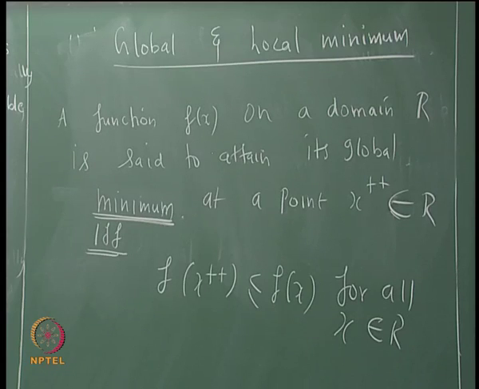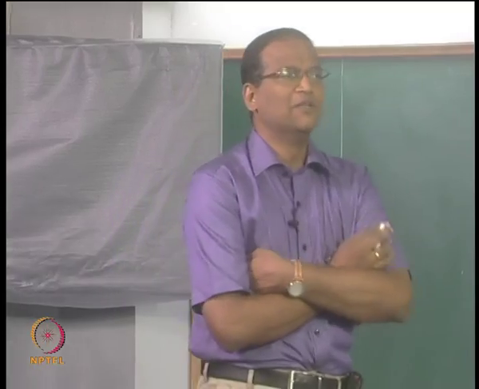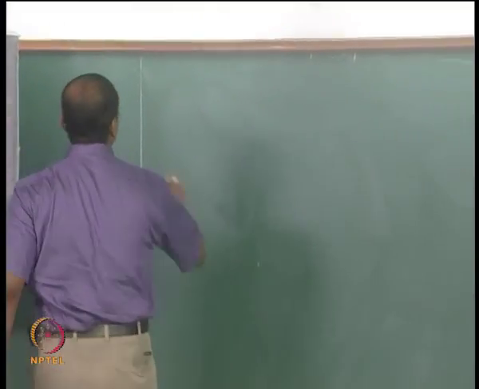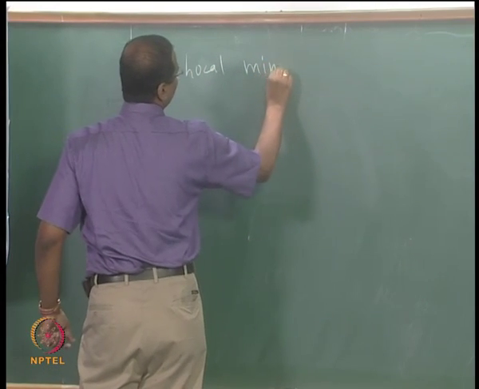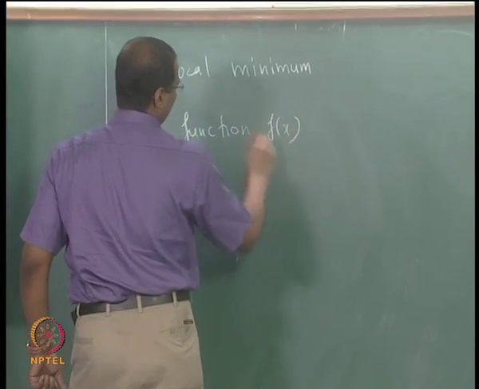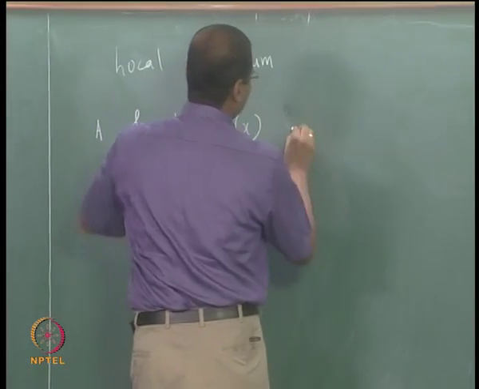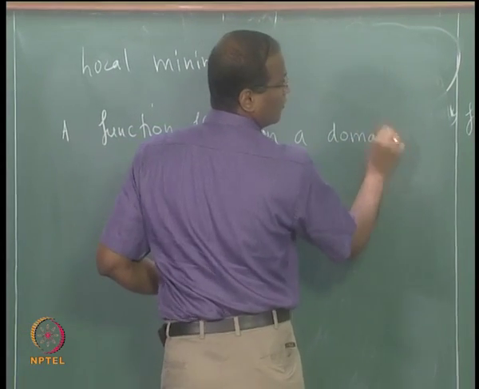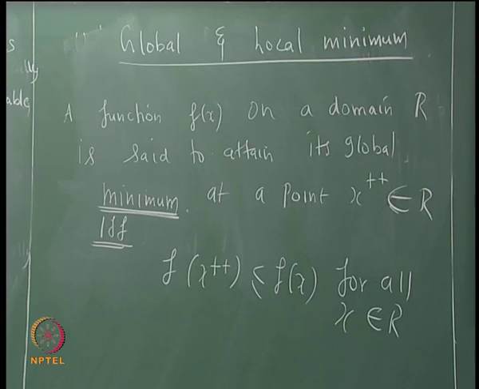A function f of x on a domain R is said to attain a local minimum at a point x plus contained within R, or x plus lies within the domain R, if and only if, can you complete?